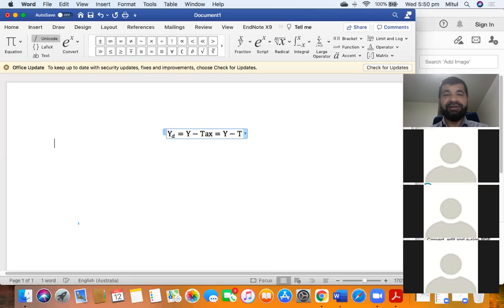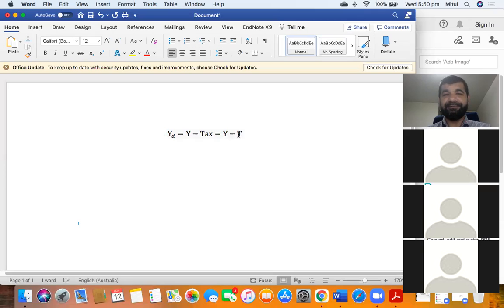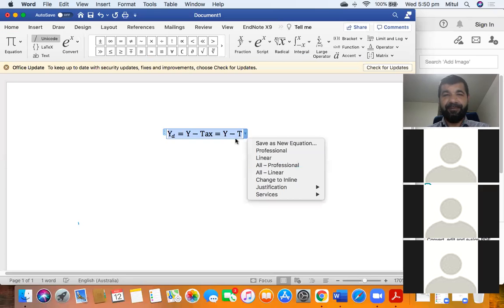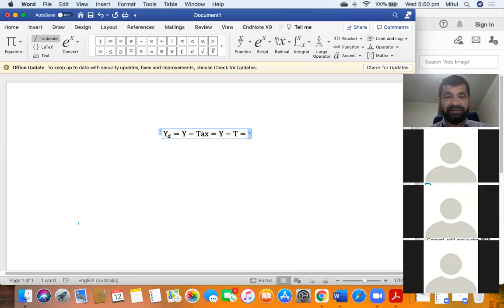Now we're trying to establish what T is here. You can say Y_D is equal to Y minus tax. So tax here is T0 plus our small t into capital Y. So what is this capital T here?